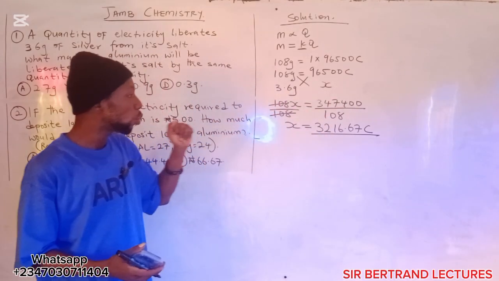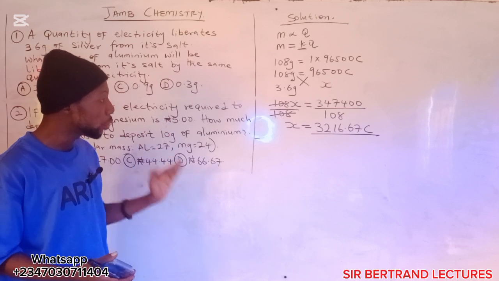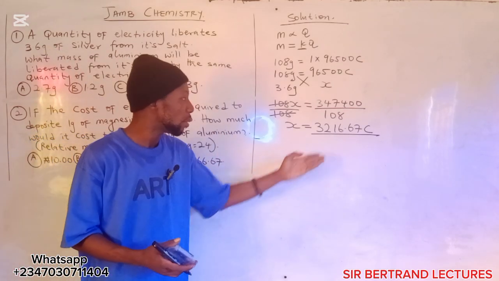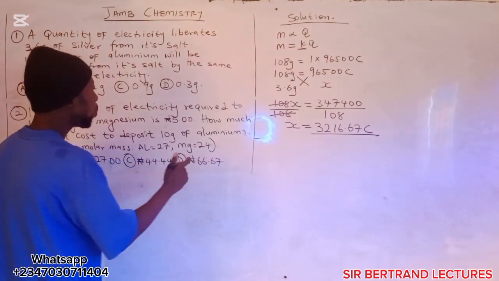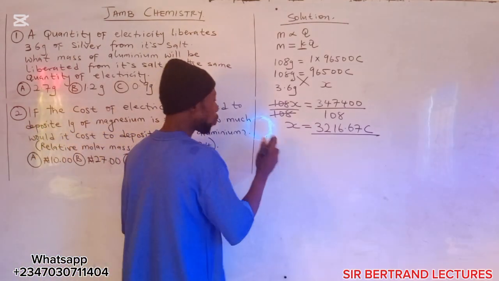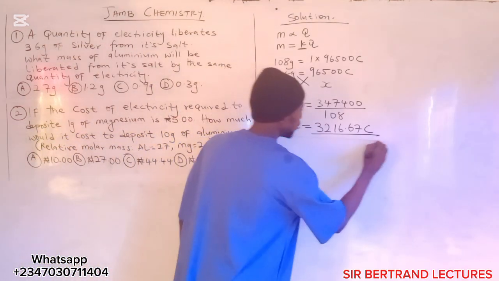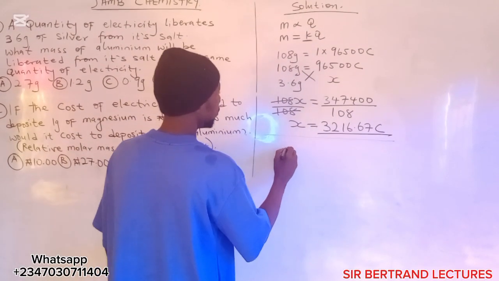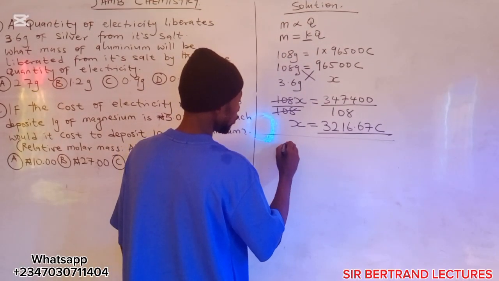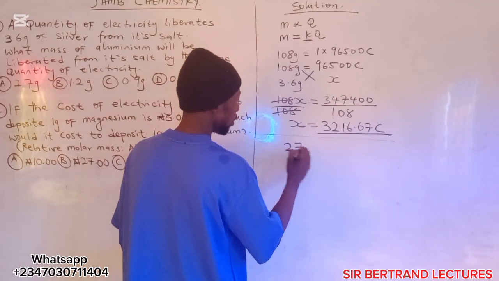So we are now going to look for the mass of aluminium that will be liberated by the same quantity of electricity. The relative atomic mass of aluminium is 27. It's not in the question, it's constant.